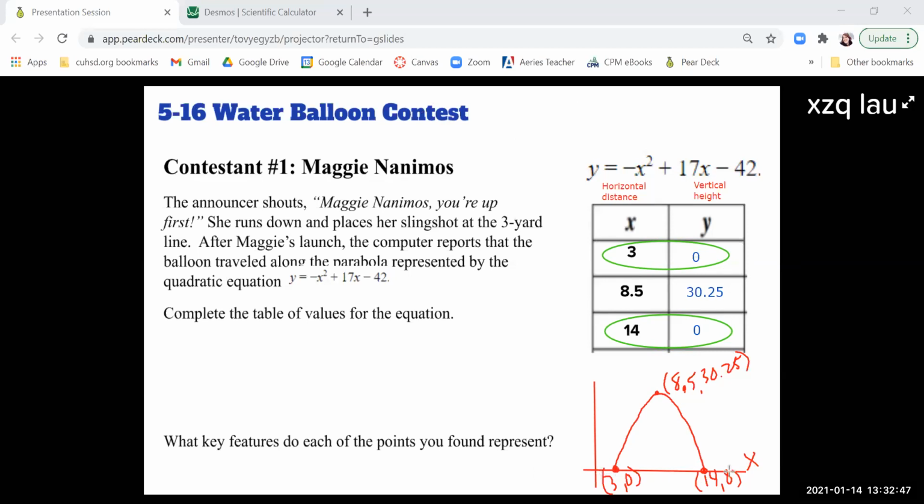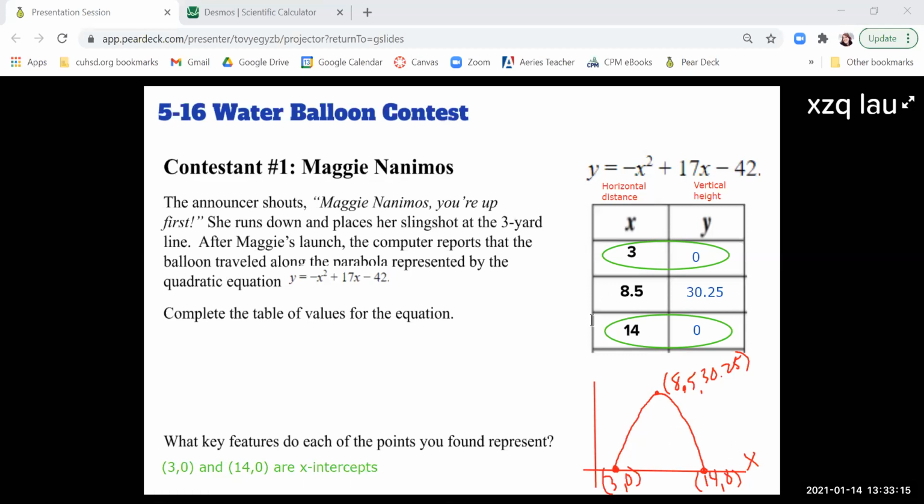They'll be on the horizontal axis on a graph. So we're going to go ahead and make a note of that. Okay, so I'm going to say 3, 0 and 14, 0 are x-intercepts.